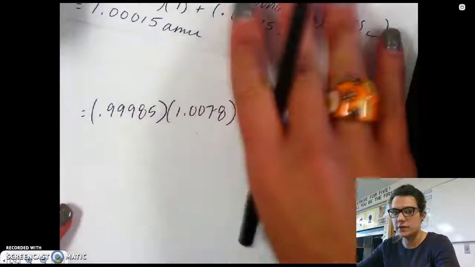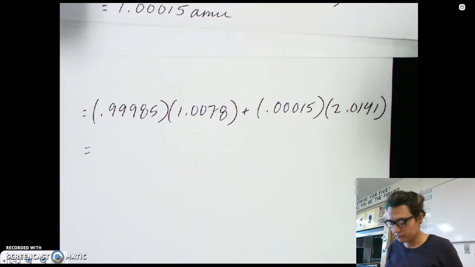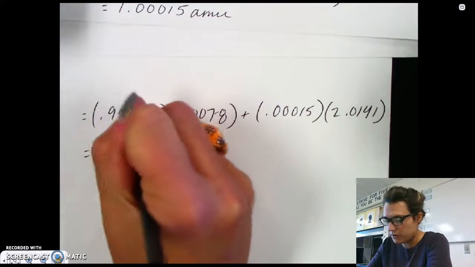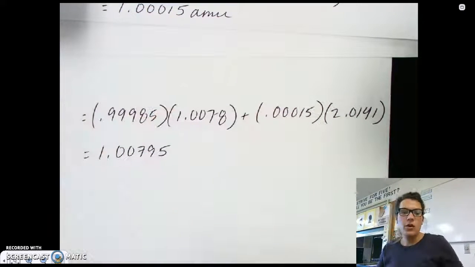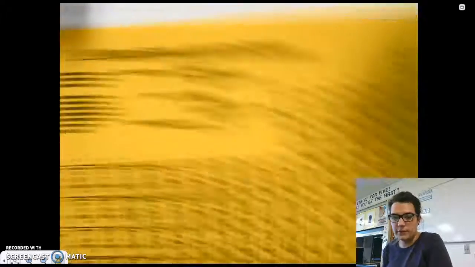My way higher percentage. So let's plug that guy into the calculator. And I get 1.00795, which actually gives me that 1.01 that my periodic table talks about.